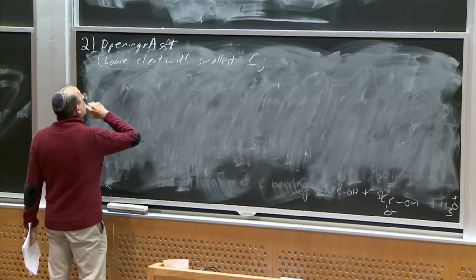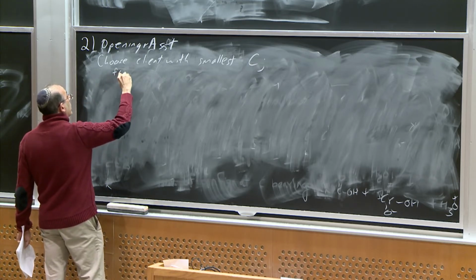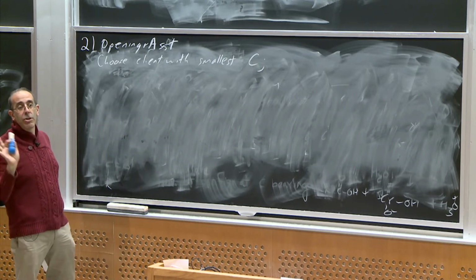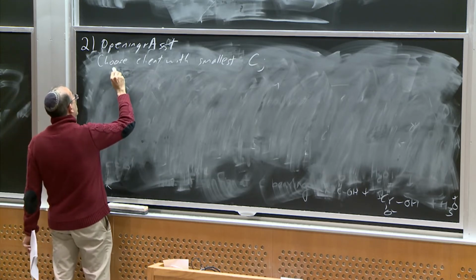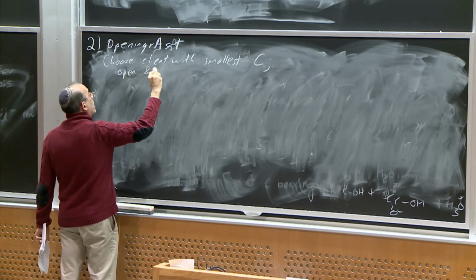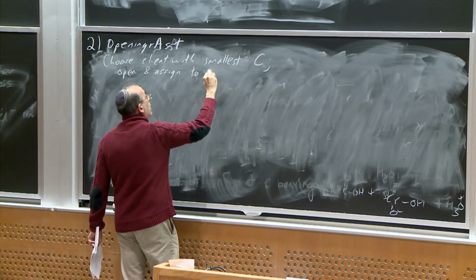And remember that he is fractionally assigned to 1 unit of facilities, but we have to make an integer assignment. So what we're going to do is we're going to open and assign this client to the cheapest.